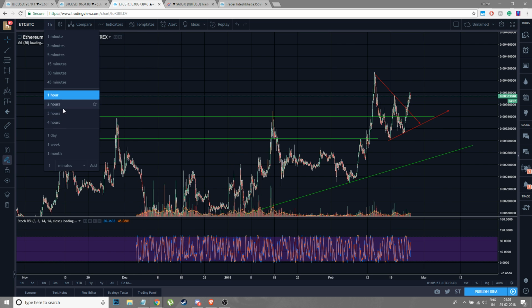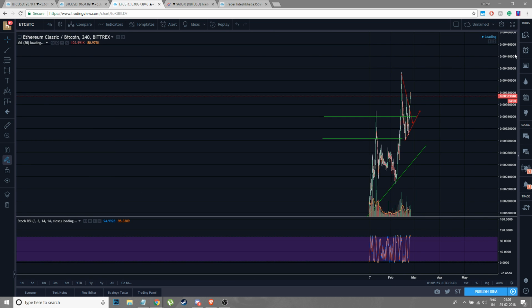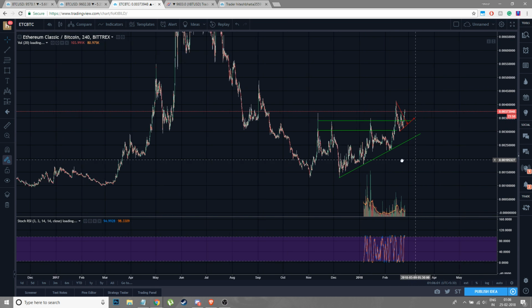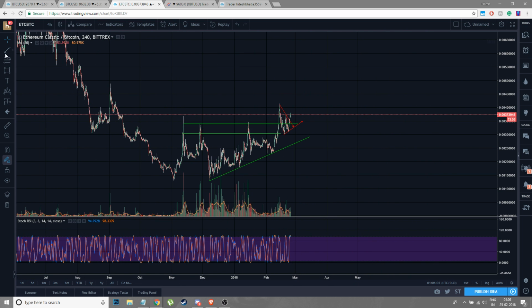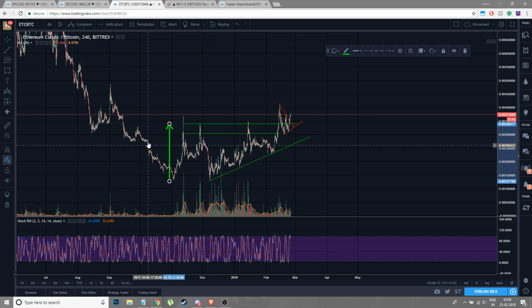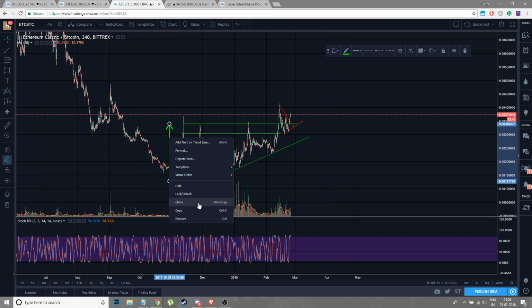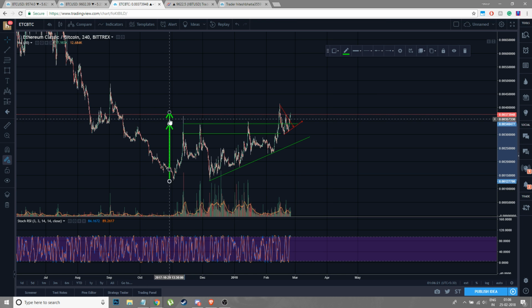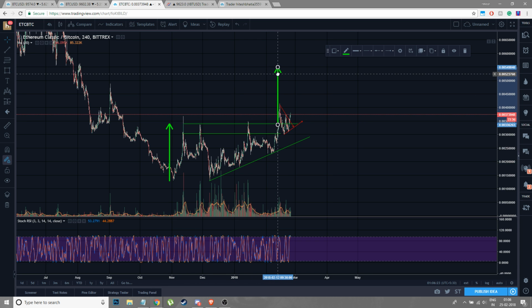Something to also keep in mind is that on a macro scale, the target for this descending triangle is right here, right?